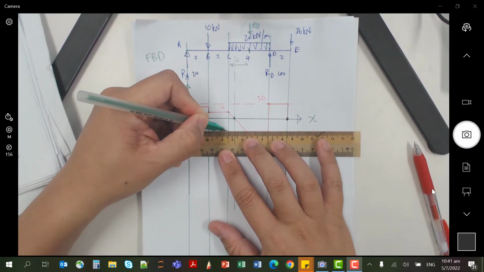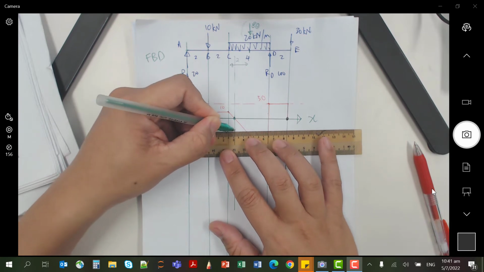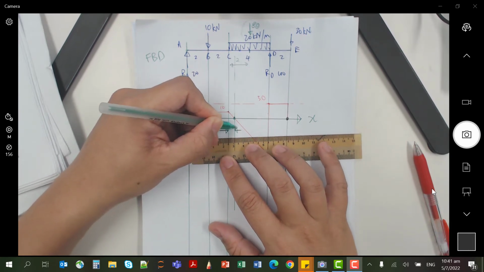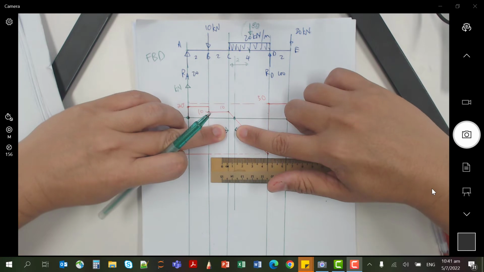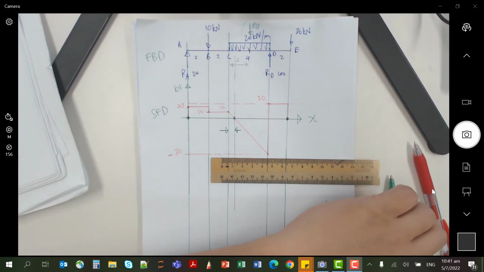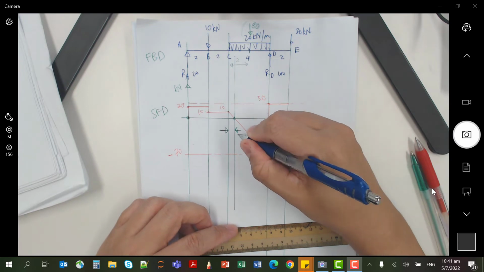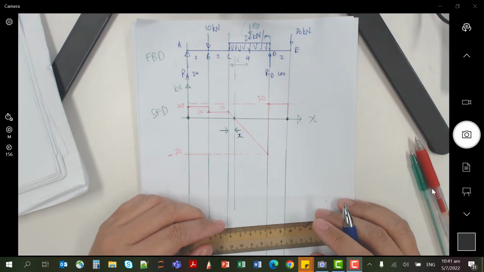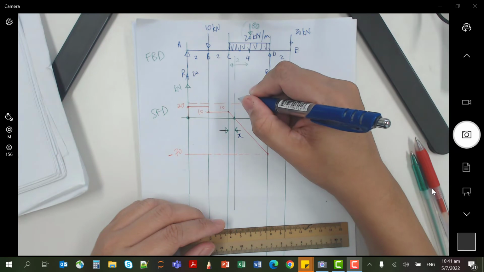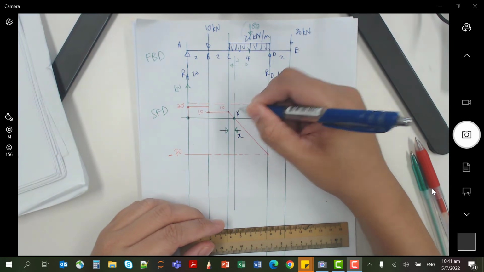So for this case, this is the length that we have to find. We can call this value x. In fact, we can mark this location as x.